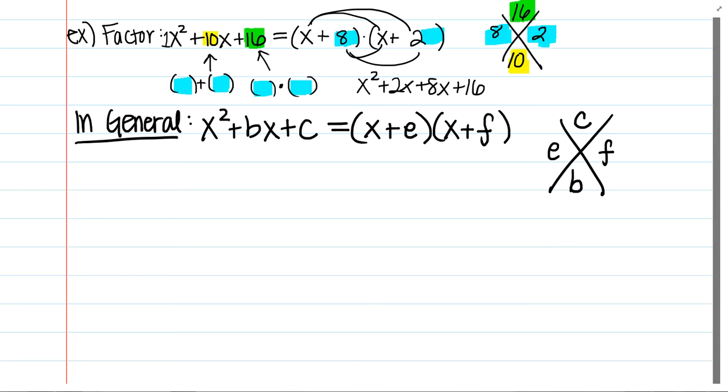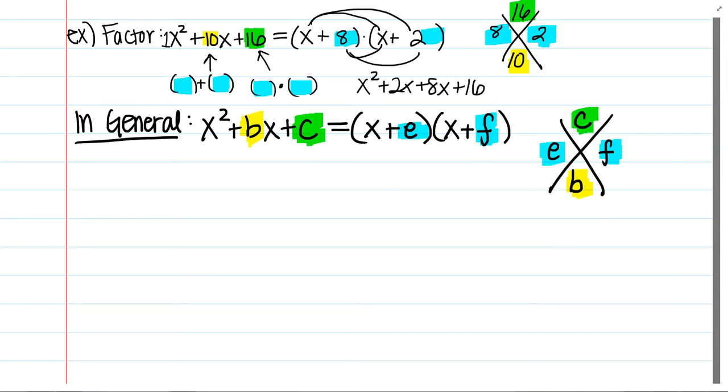Okay, so these numbers that we find are going to go here. So we basically have to set up the diamond problem. C is the product and B is the sum.